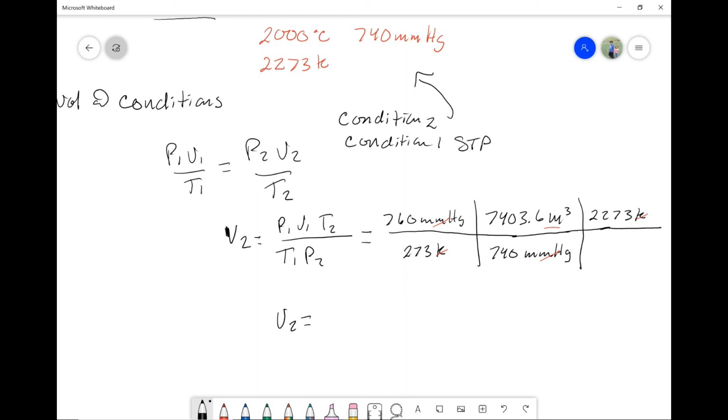It's a big number. Divided by 273 times 740. And I got 63308.